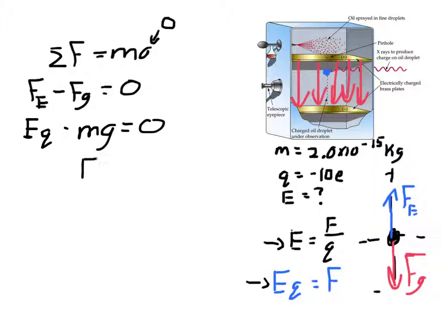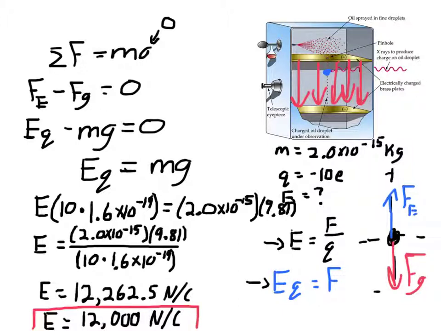So now I have Eq, the electric field pushing the q charge, the oil drop, back up, must be equal to mg. Now we're neglecting some other forces, buoyant force with the air, etc., but that's too complicated for us right now. We're going to stick straight to the basics. Now I know everything here, all of my numbers, except E, so it's plug in numbers and solve through.